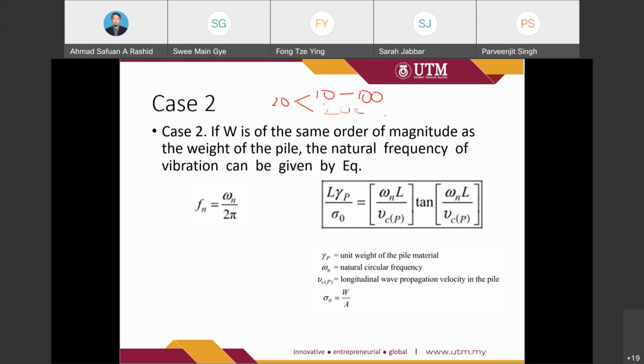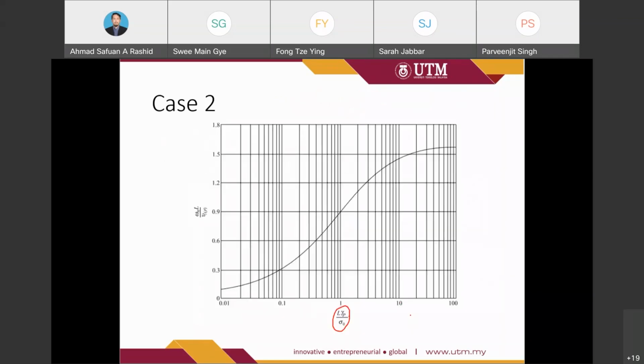The value of omega n can be given by the equation. Sorry, W, this will be A. So that is for case number 2, LP over sigma naught.